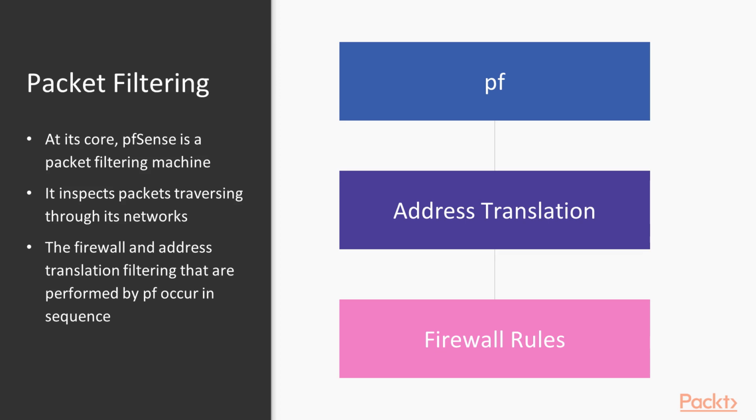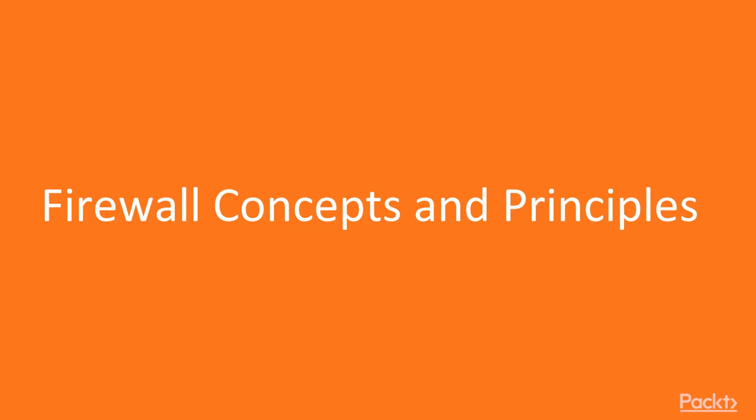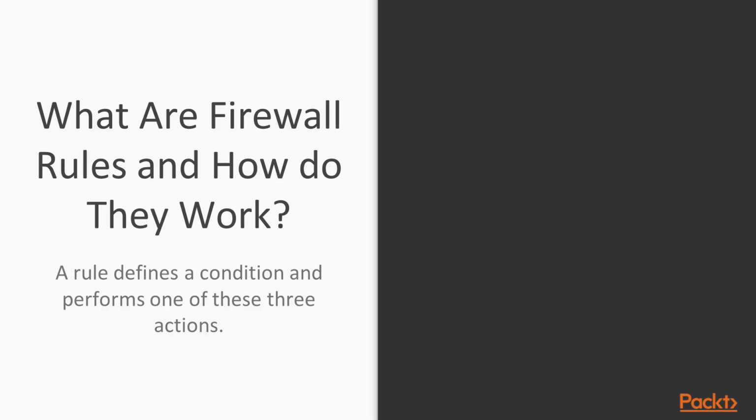These rules will allow you to selectively allow traffic to cross from one interface through and into another interface's network, or deny that traffic from being allowed to pass. And we will get into looking at those firewall rules in greater depth right now in this video, Firewall Concepts and Principles. So what exactly are firewall rules and how do they work?